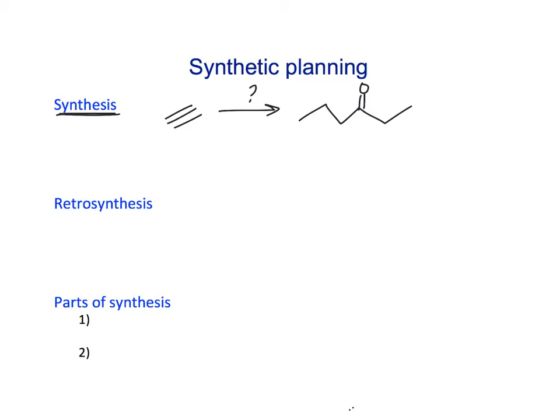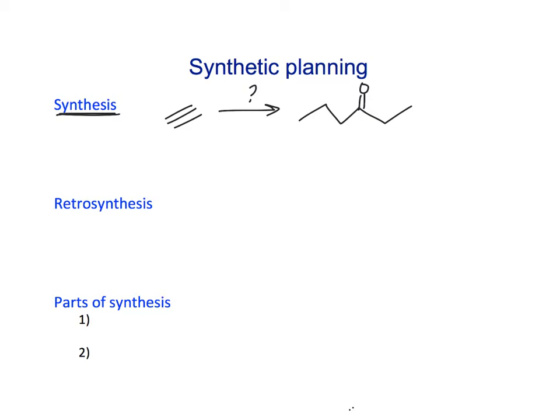So trying to figure this out in the synthetic direction would be looking at the alkyne of acetylene and asking yourself, what kind of reactions can you do to modify that alkyne?